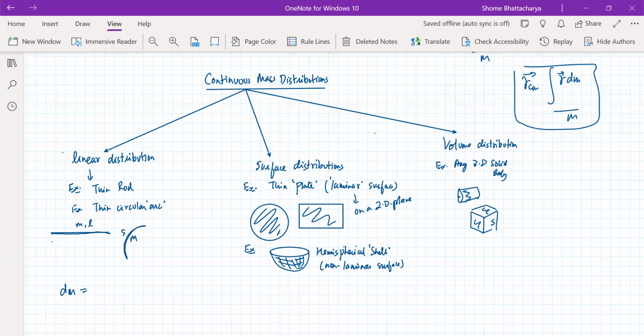For linear distributions, the mass element is taken as lambda dl, where dl is a differential length element. So we slice the whole length of the linear distribution into small chunks, which are differential lengths dl. Okay, and lambda is mass per unit length.